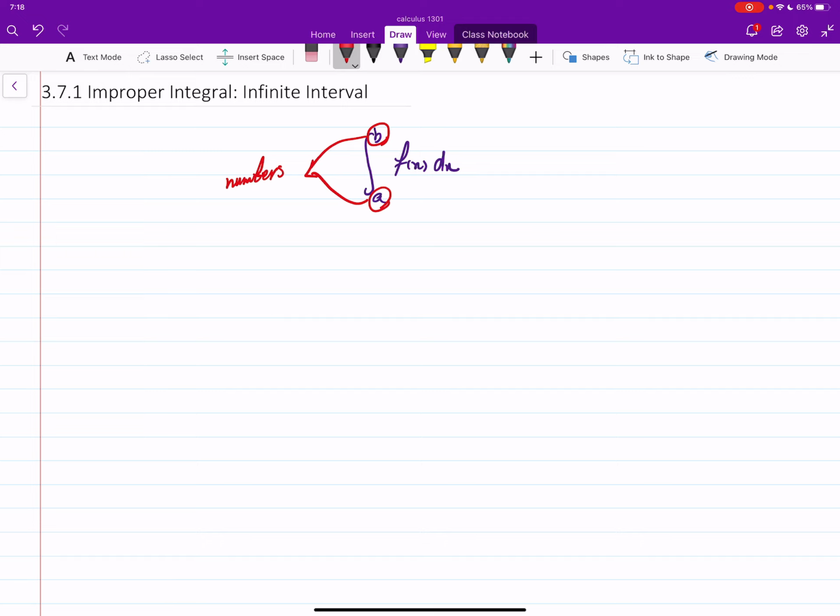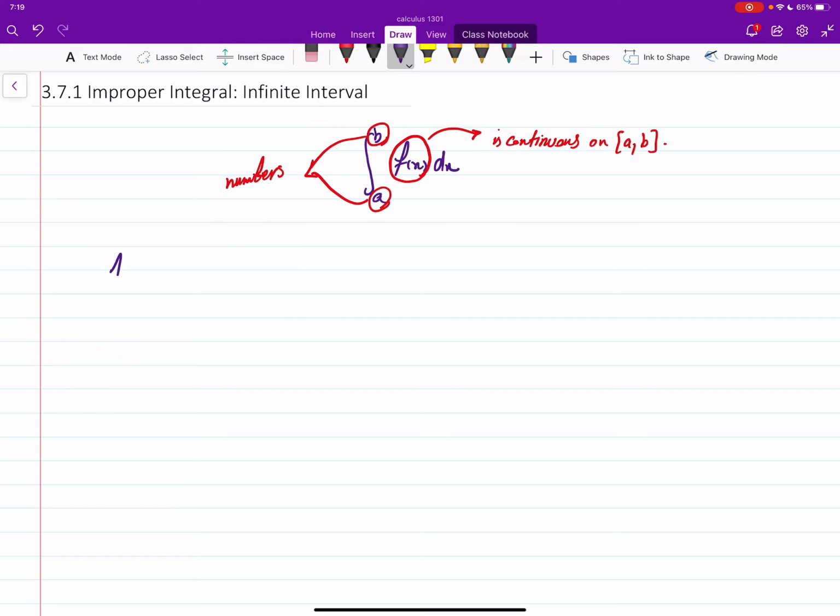And another thing is that the function is assumed to be continuous on the closed interval [a, b]. If any of these doesn't hold, we are dealing with improper integrals. That is basically where improper integrals come in.